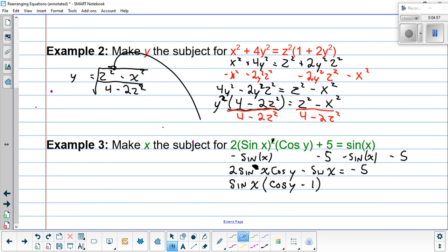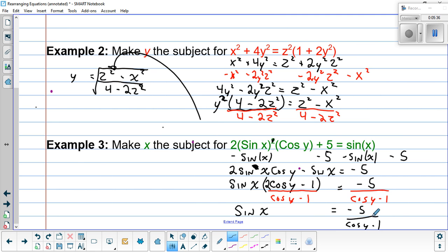So divide both sides by 2 cos y minus 1. I'm going to copy down that negative 5 after, because I had forgotten to before. So on the left-hand side, we're going to be left with just sine of x, and I forgot that 2, sorry, is equal to negative 5 over 2 cos y minus 1.